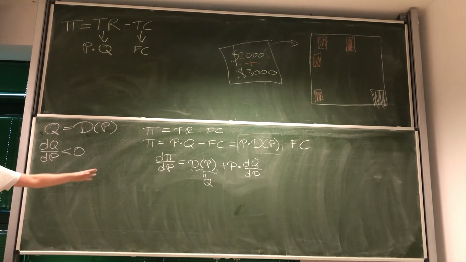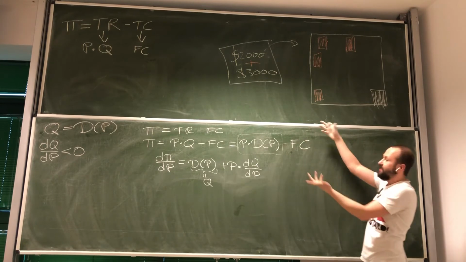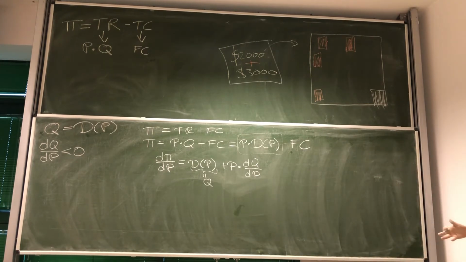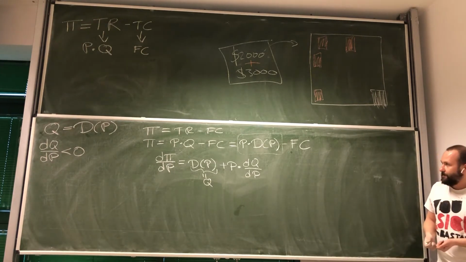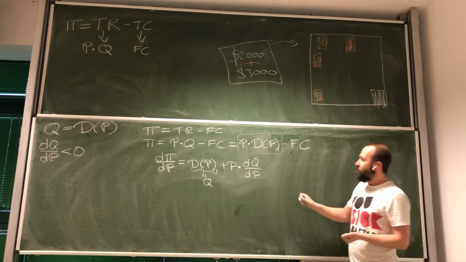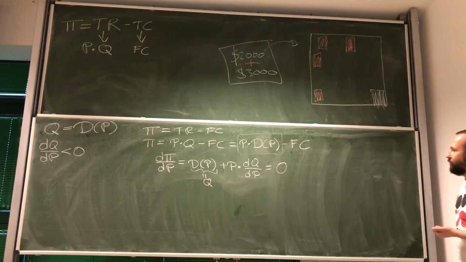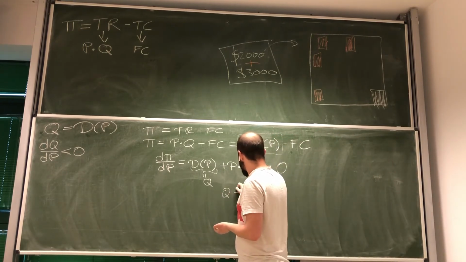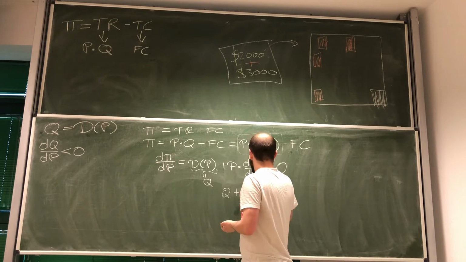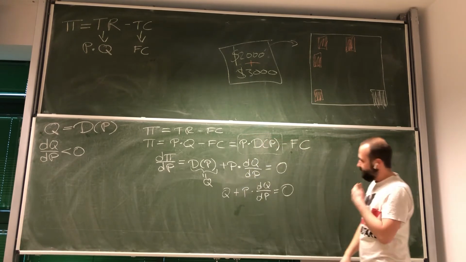Okay, now I'm differentiating further. Fixed cost is fixed. It's a number, right? So it is gone in differentiation. So all we need to do now is to compare this with 0. And let's see what we got. We've got that Q plus P times dQ/dP must be equal to 0.